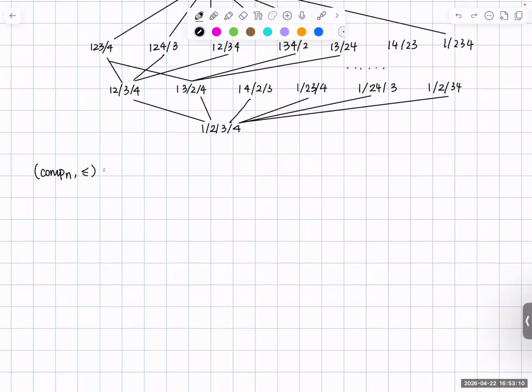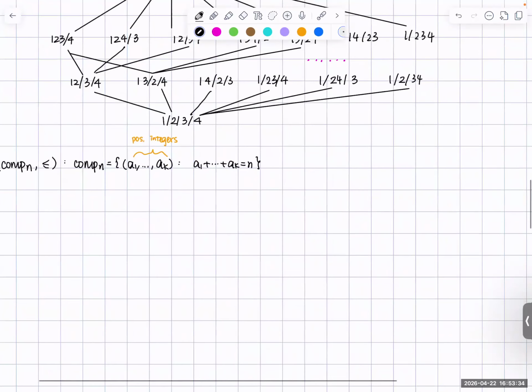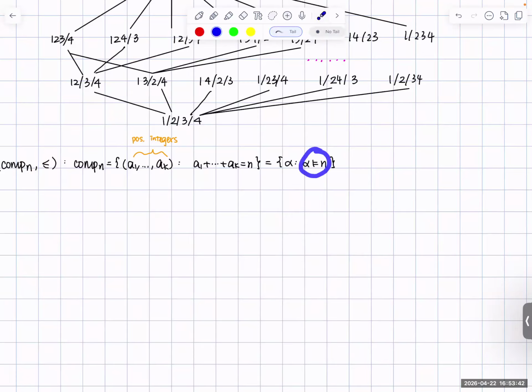A composition of n is just a sequence of positive integers, so these are all positive integers, such that when you add them up, it equals n. If you are already in combinatorics, you may already know that we write it in this way. This is just saying that it's a composition of n. And some people like to say that it's a strong composition, meaning that you don't allow 0.